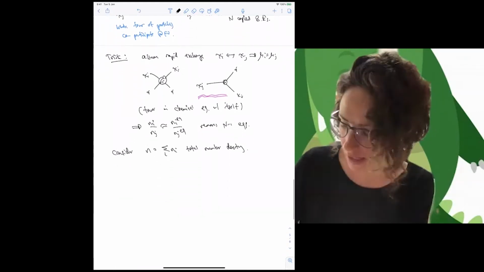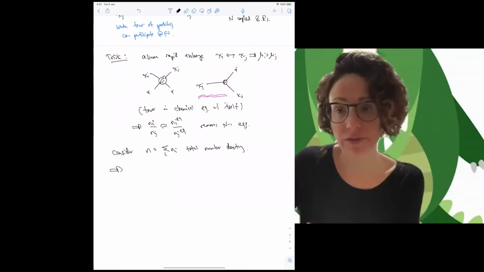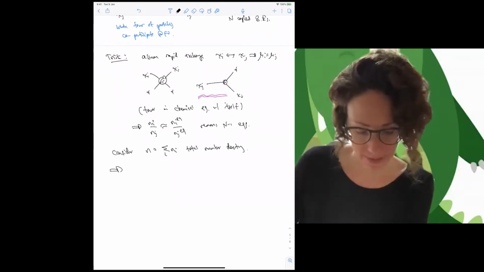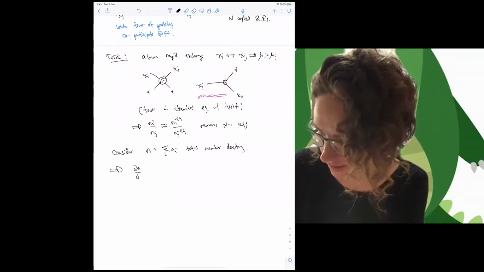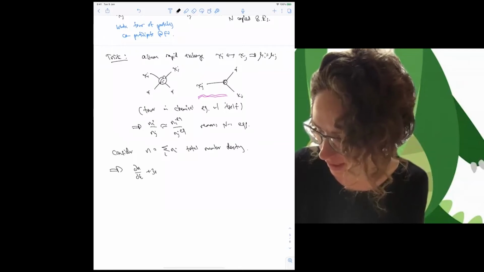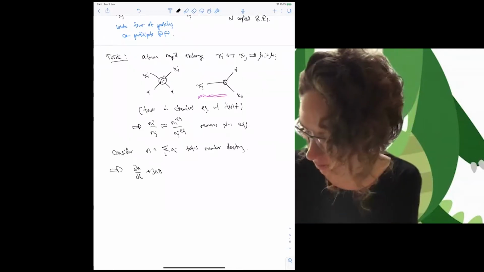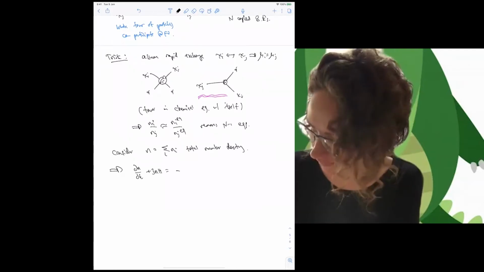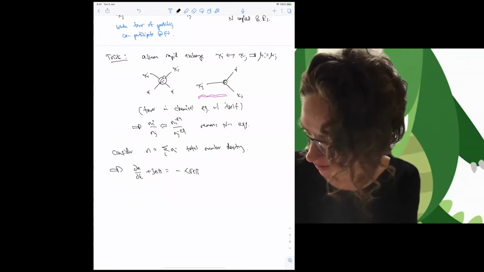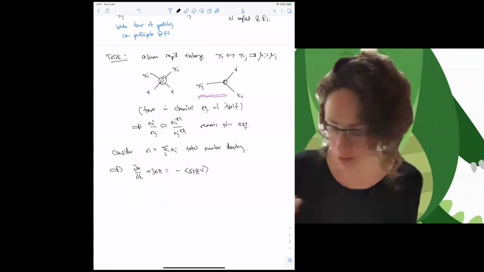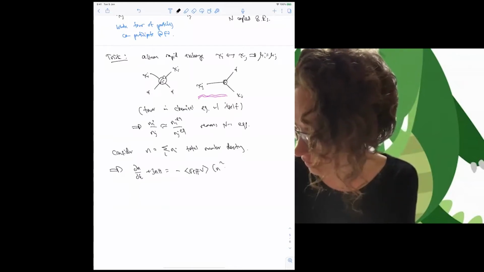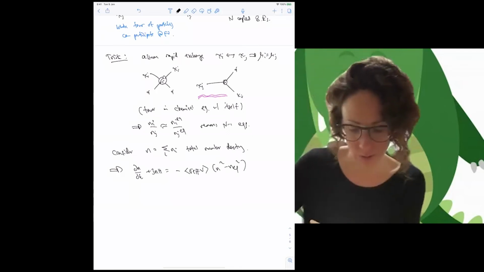Let's write down the Boltzmann equation for this total number density. And here it is. It's dn/dt plus 3nH equals minus sigma effective times v, which I'm going to define in a moment, times n squared minus n equilibrium squared.